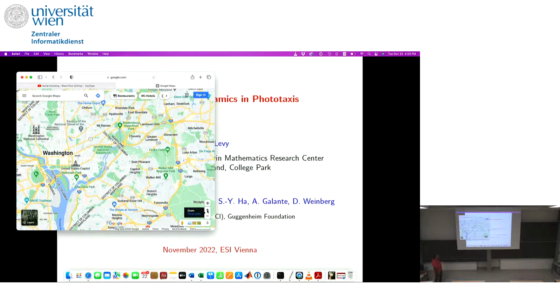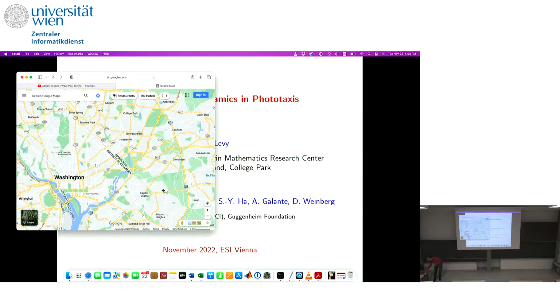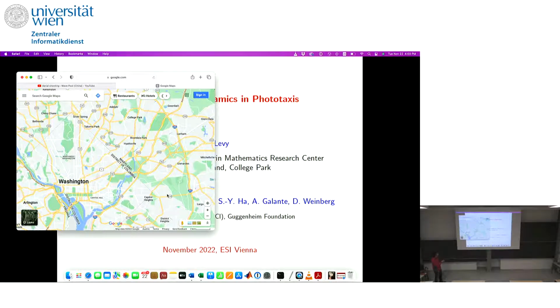You have here the main area with the museums, the Capitol and the White House. And if you're looking for the University of Maryland, you look a little bit here. That's College Park, Maryland. It is 12 kilometers from this, just to give you a scale.